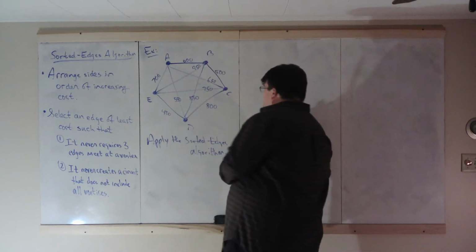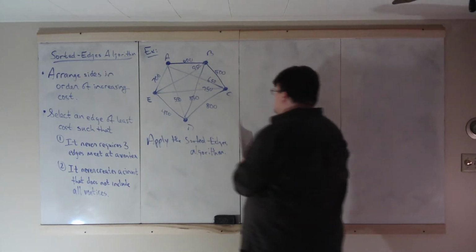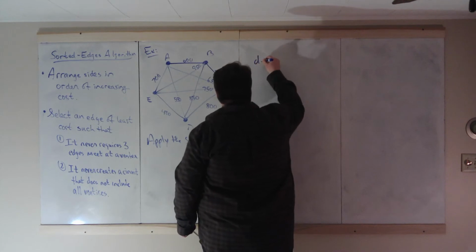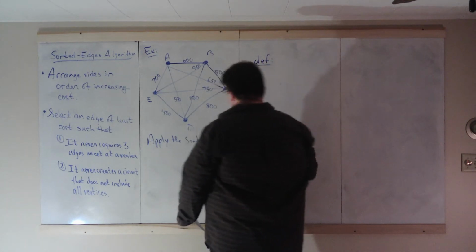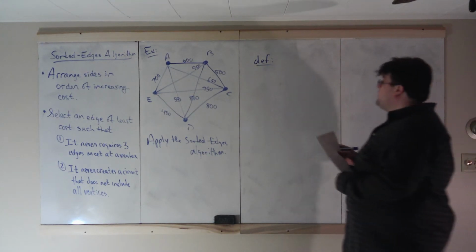But we talked about complete graphs, so I'm just going to formally define a complete graph. I should do that, and it's something that you should know if you're taking a graph theory course, which for these 3 weeks we are.